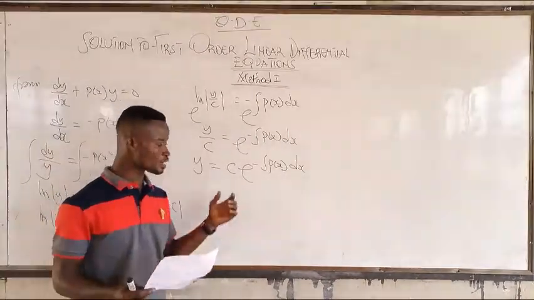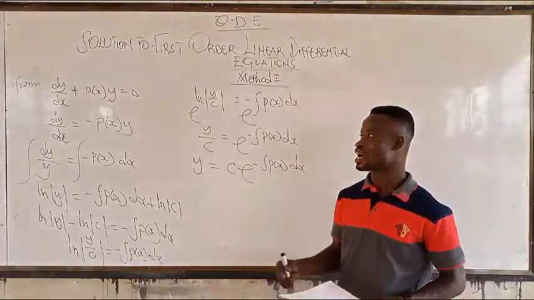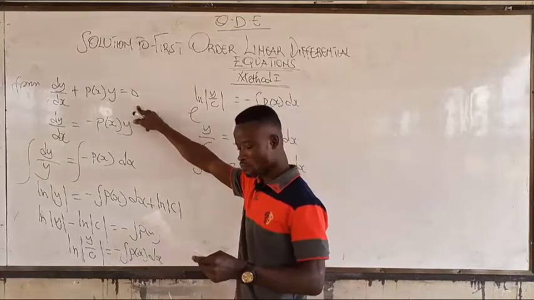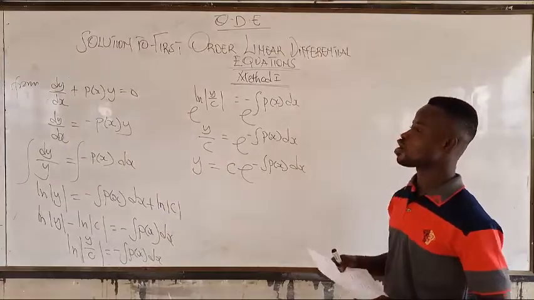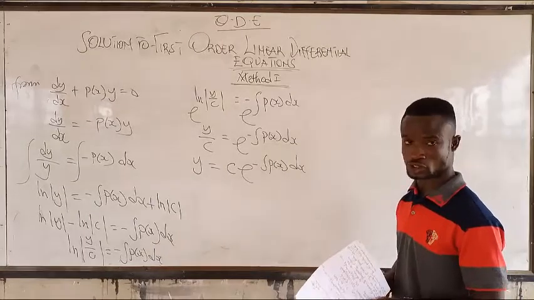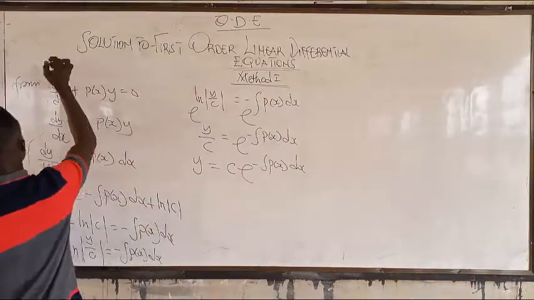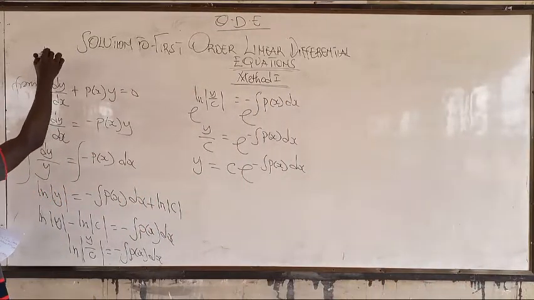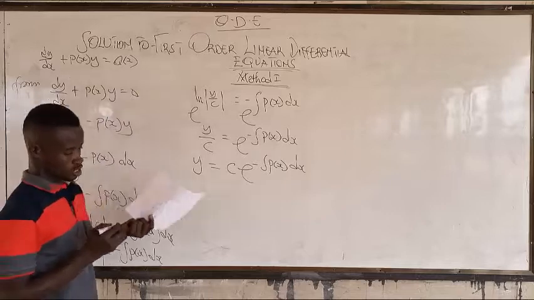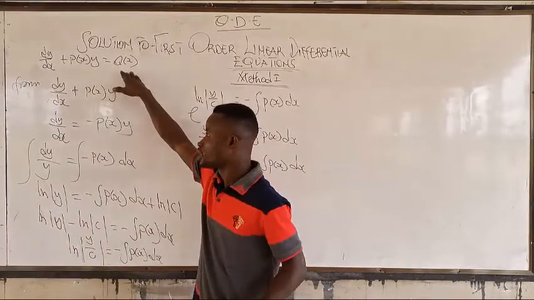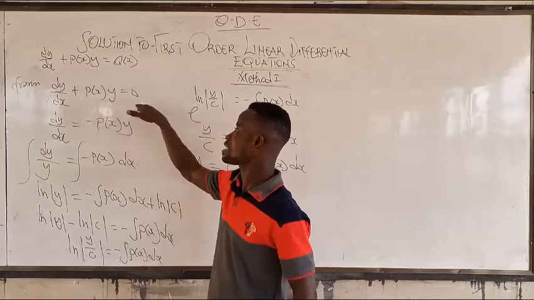Alright. So now what we have is the general solution to the homogeneous differential equation. So that means that when you are given the general form, when you have a function in this form, it is not homogeneous, but you can bring the homogeneous out by equating it to 0.